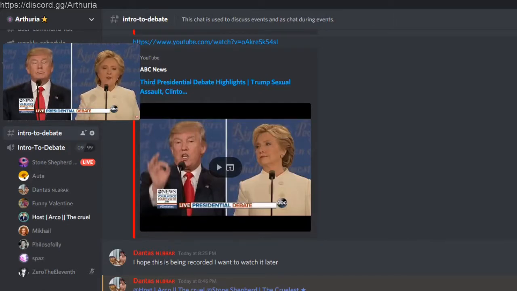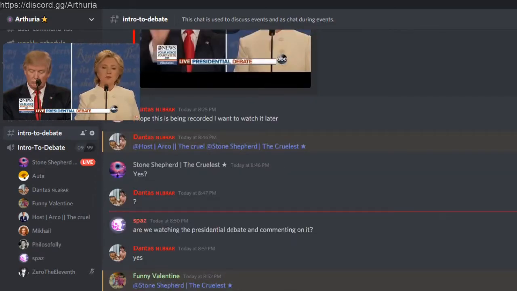He went after Mr. and Mrs. Khan, the parents of a young man who died serving our country, a Gold Star family because of their religion. He went after John McCain, a prisoner of war, said he prefers people who aren't captured. He went after a federal judge, born in Indiana, but who Donald said couldn't be trusted to try the fraud and racketeering case against Trump University because his parents were Mexican.